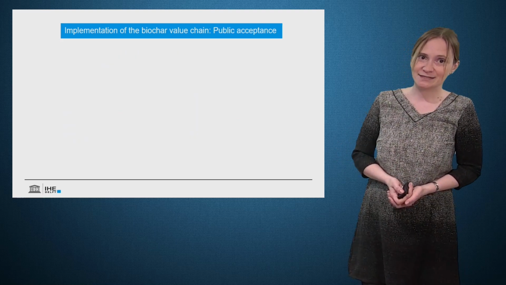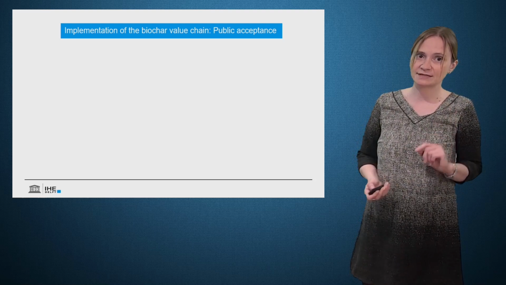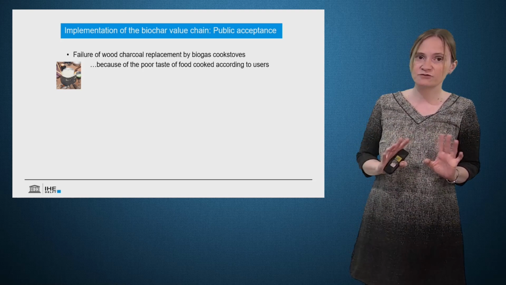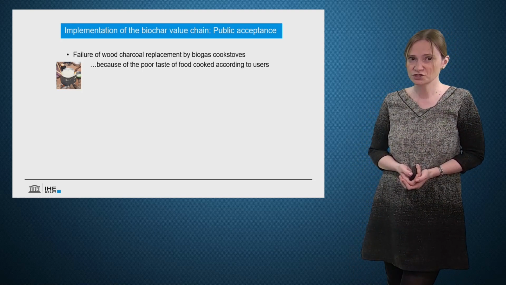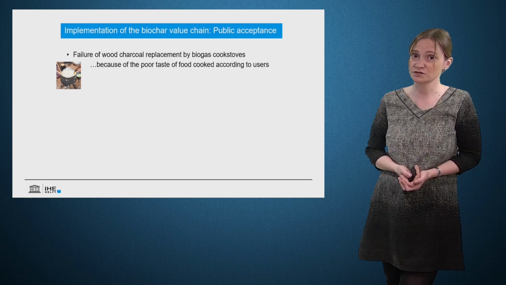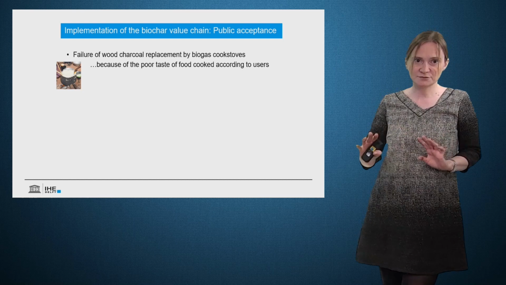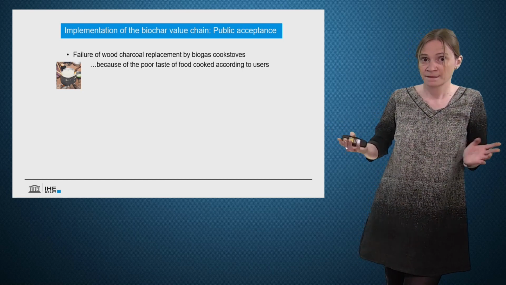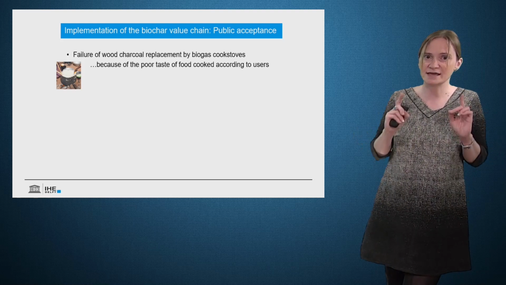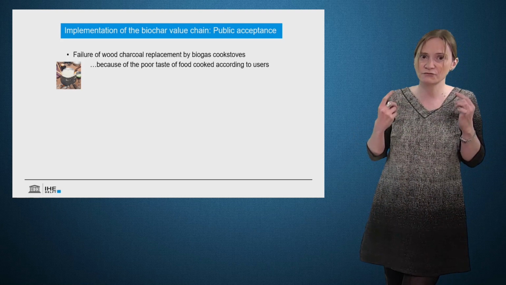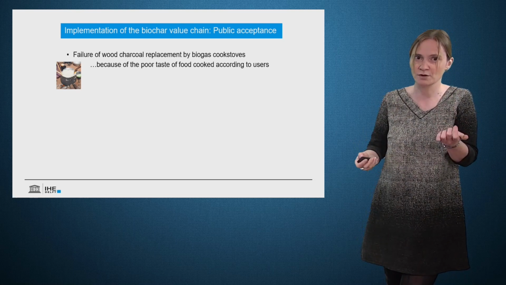Lastly, one aspect that is sometimes dangerously forgotten in the implementation is the public acceptance. Let me just give you an example. A project had been launched in Africa to replace wood charcoal by biogas cook stoves. Technically, the solution was ideal, more efficient, less pollutant, and not expensive. However, users never used these cook stoves because the food taste was not the same as the food cooked with wood charcoal, the taste that all of you know.